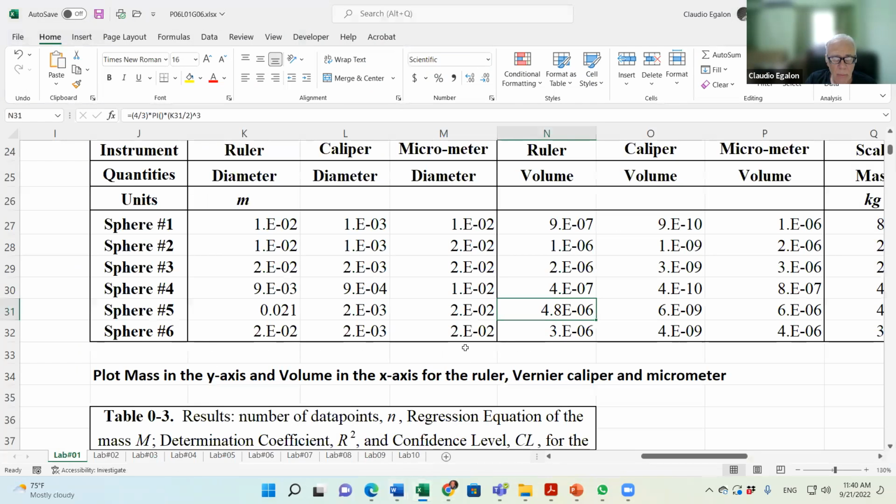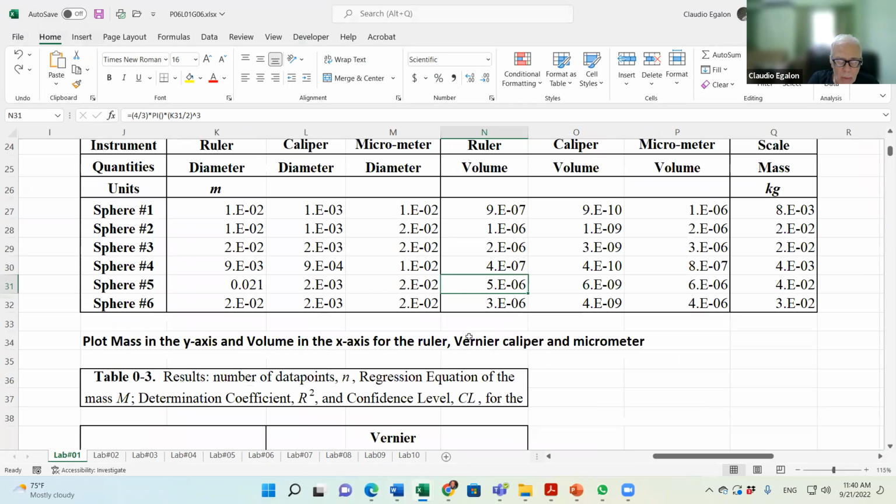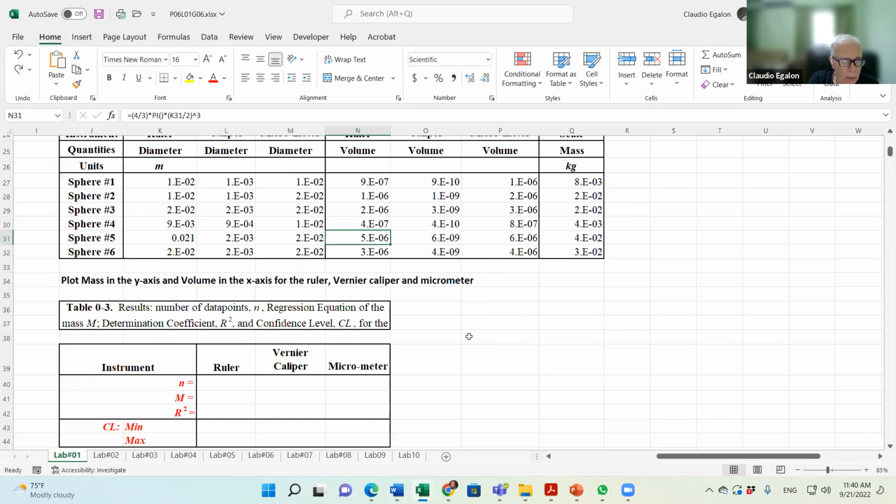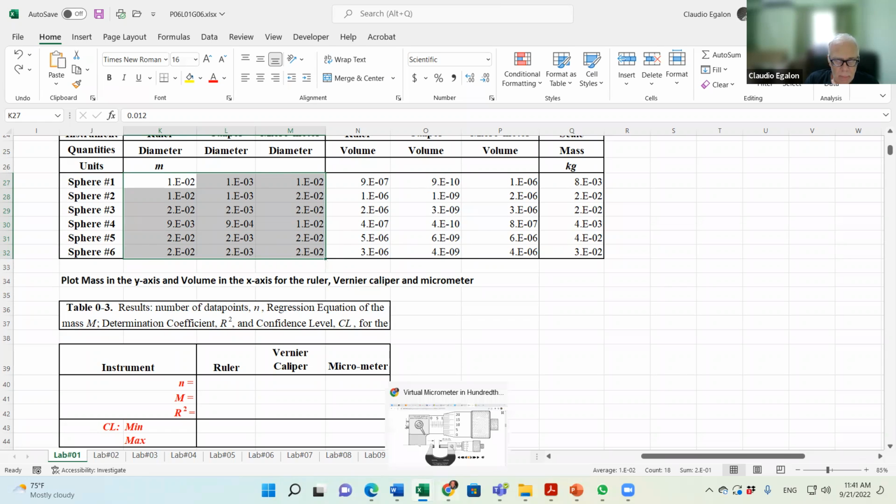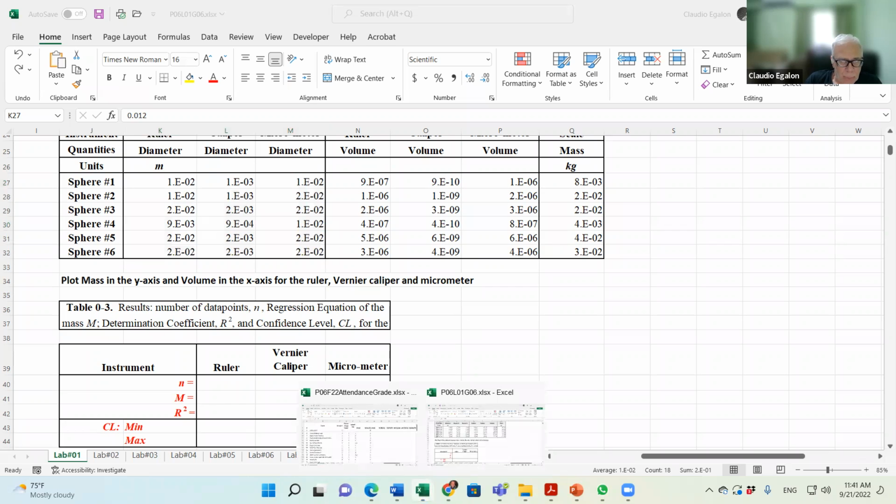I'm going to revert. Okay, yeah, here you go. It's 11:40. We have 20 more minutes to go. So we covered significant figures.